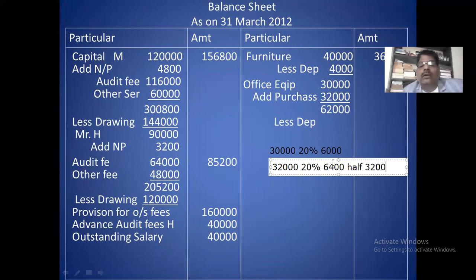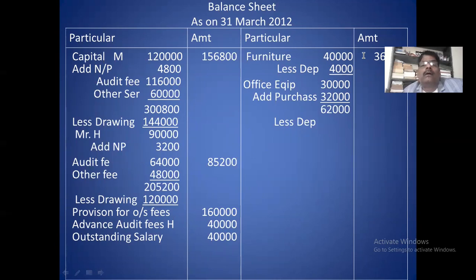So 3,200 plus 6,000, total depreciation is 9,200. 9,200 depreciation you deduct.